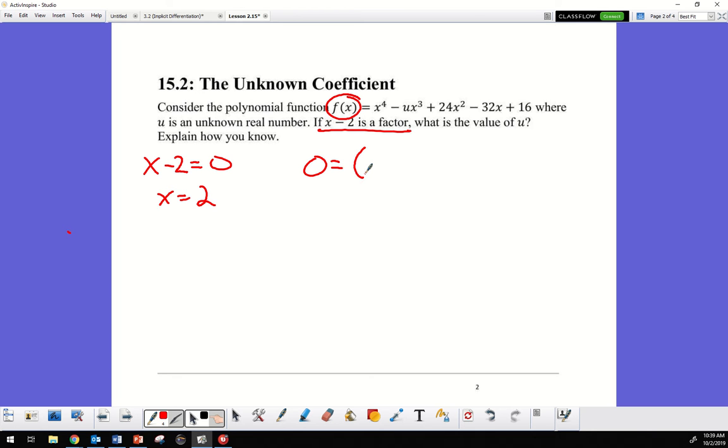So I'm going to go 2 to the 4th minus u times 2 to the 3rd, plus 24 times 2 squared minus 32 times 2 plus 16.